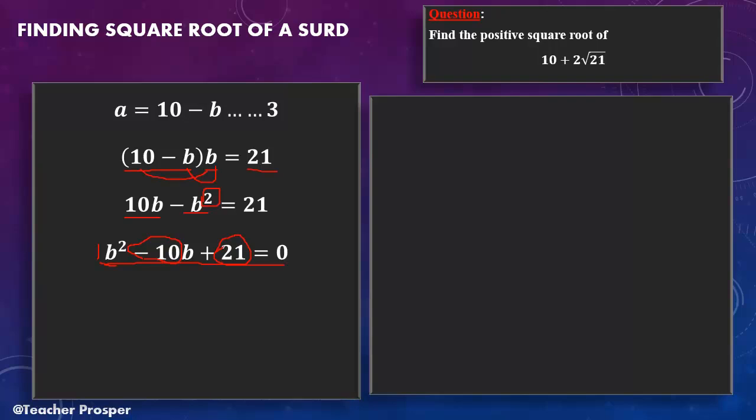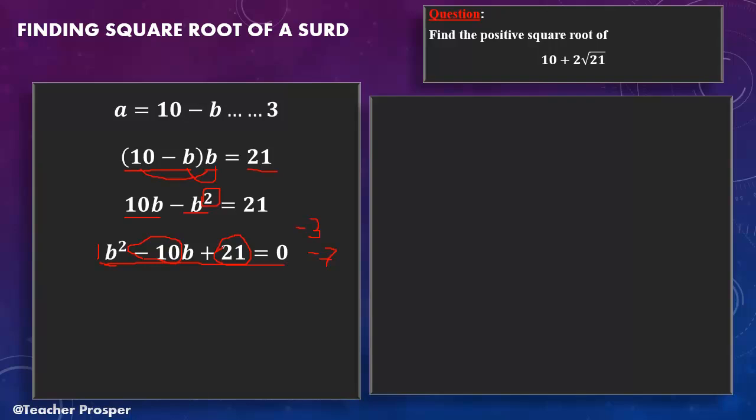Alright, so those two numbers are obviously going to be negative 3, which is here, and then negative 7, which is here. Now, negative 3 times negative 7 will give us 21, and negative 3 plus negative 7 will give us negative 10.